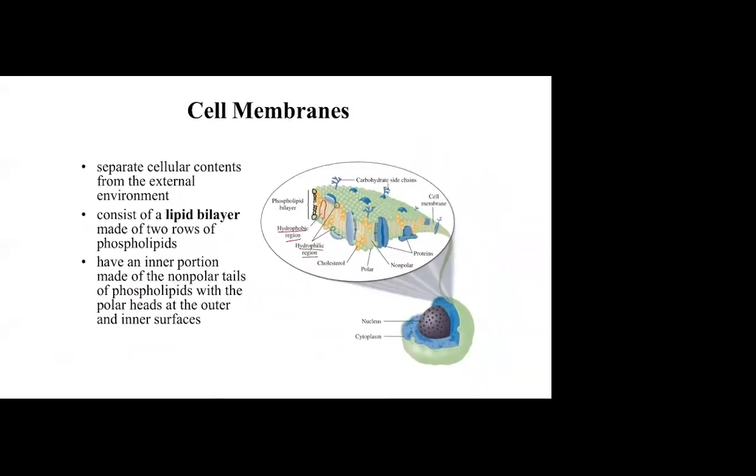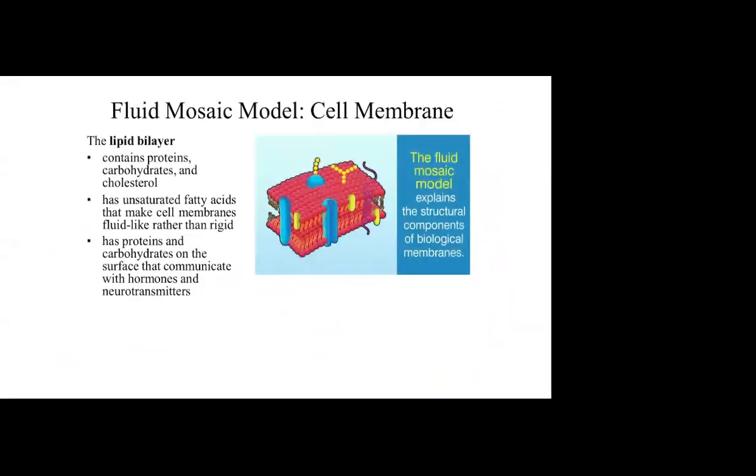Now, there is a specific model that is utilized to understand this variety and complexity that we have in the cell membrane. And that is known as the fluid mosaic model for cell membranes. As you can see, the fluid mosaic model explains the structural components of biological membranes, okay?